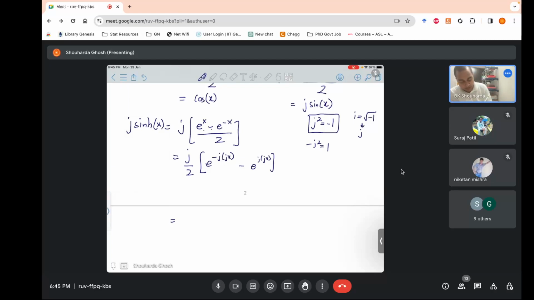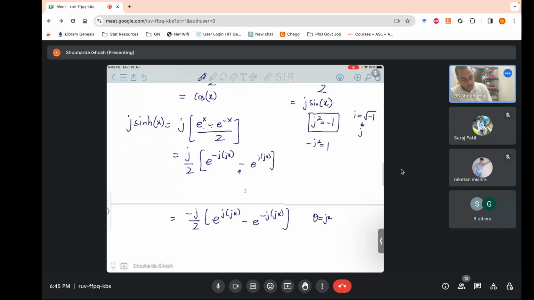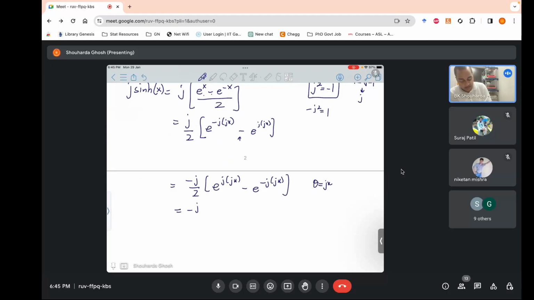Minus j upon 2 e to the power j times jx, I am taking out the minus sign from here, minus e to the power minus j of jx. Let me write theta equal to jx, that would be easier. So minus j upon 2 e to the power j theta minus e to the power minus j theta. So when you have minus j above, that will be 1 upon j below. Okay, why? Simply follow from this.